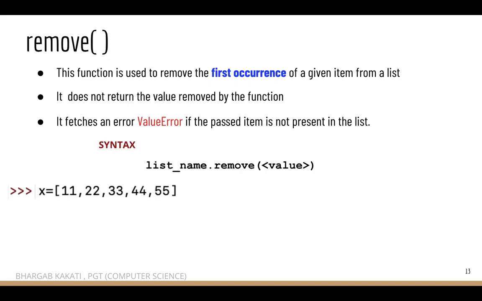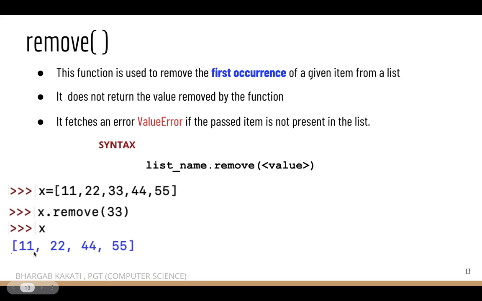Let's take up some examples. Let's say I have a list x equals 11, 22, 33, 44 and 55. If I type x.remove(33), then the element 33 will be removed, but it will not return the value. So if you want to see the updated list, you need to type x again, and it will show you the updated list.